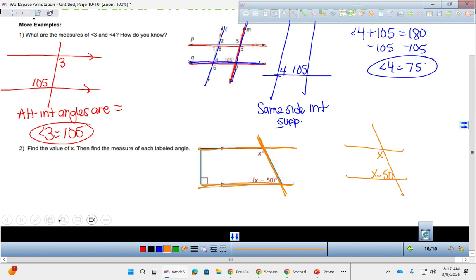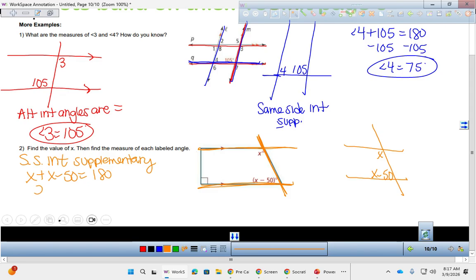So I'm tracing over the x's here. By doing that, I can see that these x's create this same side interior relationship, and a same side interior relationship is supplementary. Same side supplementary. So my angle x plus my angle x minus 50 add together to equal 180.